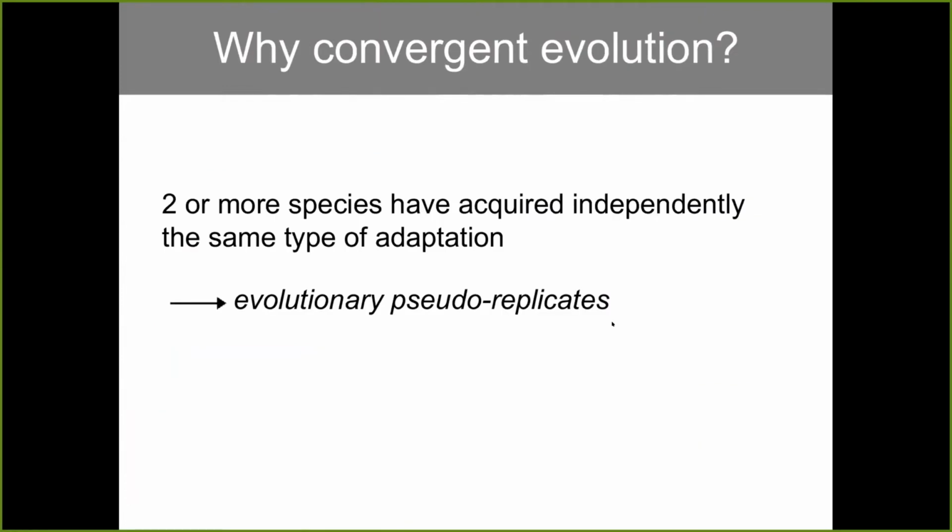In particular, convergent evolution is interesting because it provides us with a way to have pseudo replicates. In science, it's very useful to have replicates to know if a particular pattern, a particular result, is due to just chance or is due to the circumstances of the experiment.